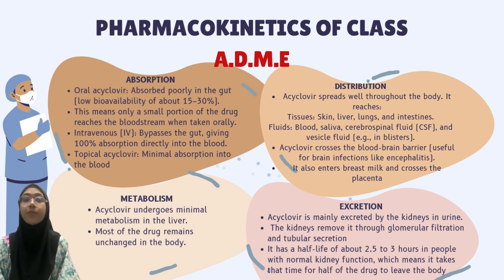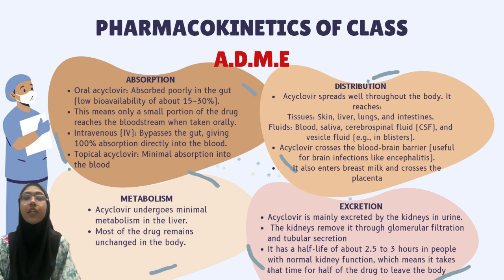Only 15 to 30% of the drug actually gets into the bloodstream. For example, if you take 100 mg of oral acyclovir, only 15 to 30 mg enters your blood. This low absorption means you might need to take a higher or more frequent dose to get enough drug in your system. This is crucial to fight the infection.